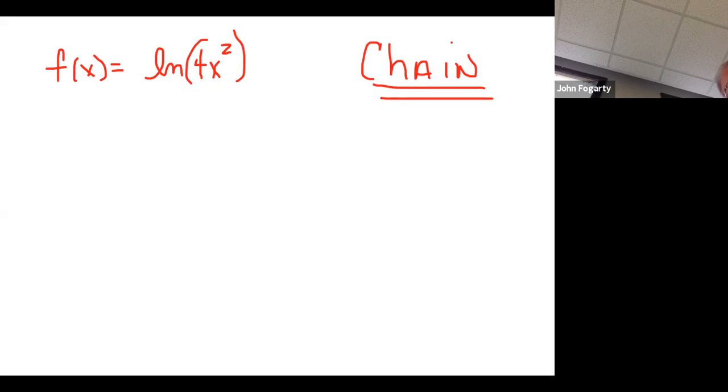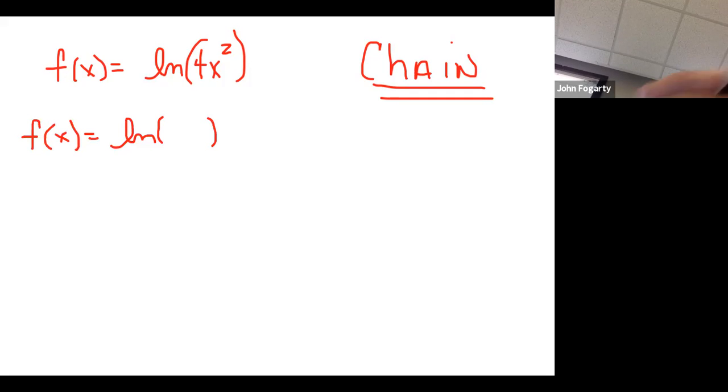We have the chain rule because we have two different functions. So like this is actually your two different functions, fellas. The natural log of something, and then the other one is what? 4x squared, right?